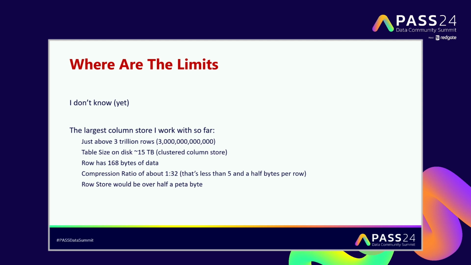For the one 64-bit value with a key on it, we spent more storage than on the rest of the data, the 168 bytes. So can you do it? Yes. Will it make sense? Most of the time, not. If you need it to check your data, great. I would recommend checking it in the staging area and making sure only correct data goes into the column store.